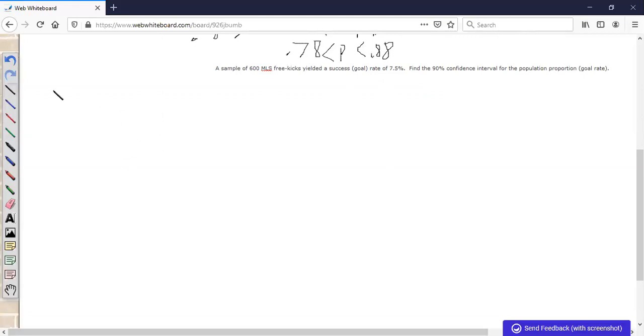So once again, we need p hat. This time we're giving it for free. It's 0.075. We need q hat, but if p hat's 0.075, then q hat must be 0.925, just the opposite of 0.075, whatever's left over. We need n, but n is 600. It's just the sample size. And we need z. I'm going to use alpha over 2 here.